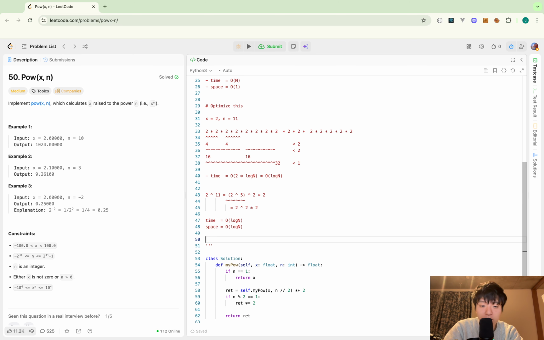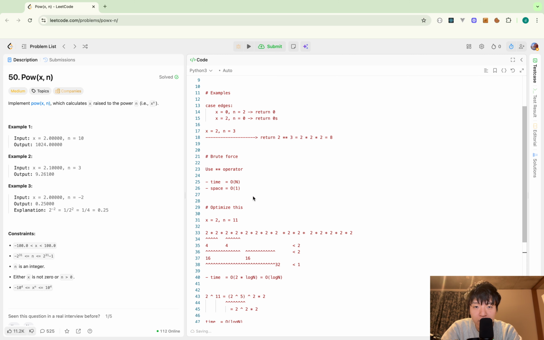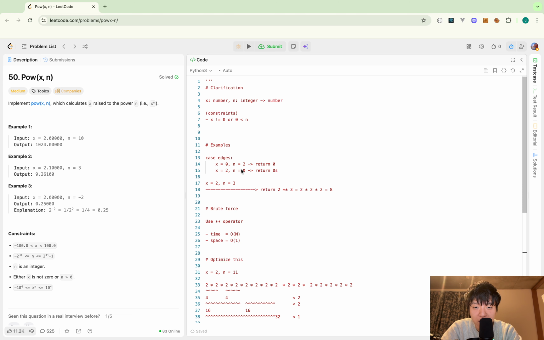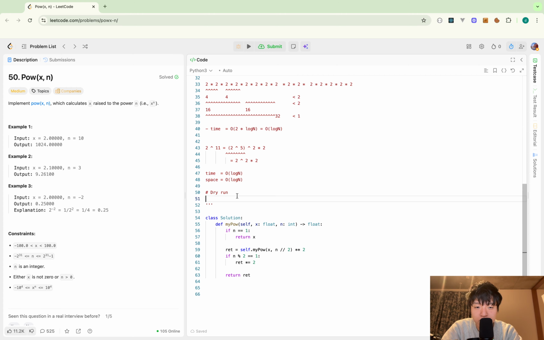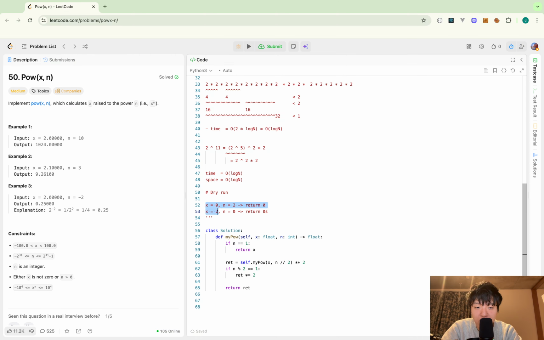So let me take a look. I will do the dry run. Let me go with the edge case, this and this. In this case, x is 2, n is 0.